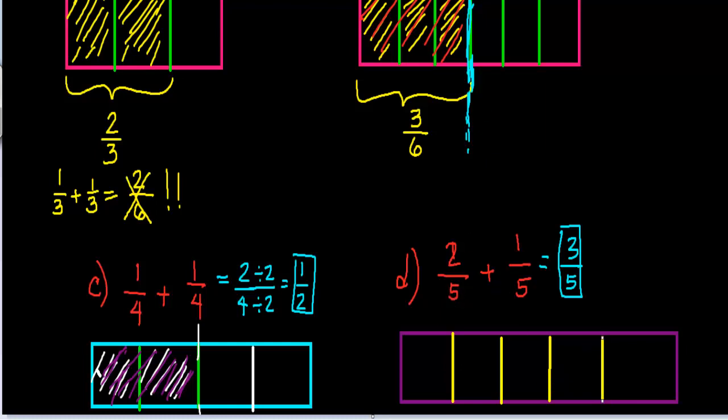So 2 out of 5 would be shading in 2 pieces of the 5 pieces, and then 1 more out of 5. I'm adding 1 more out of 5. There it is. So that equals 3 out of 5 in total. So this is what you should have gotten.